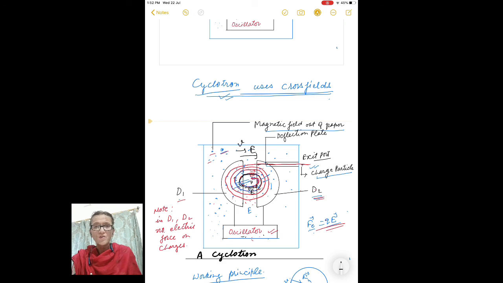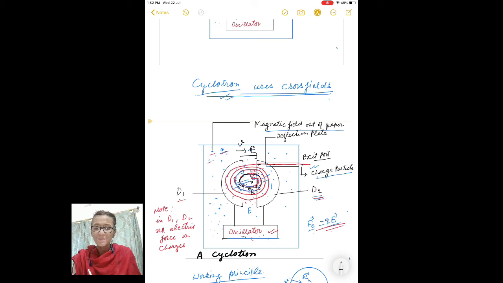So the velocity of the charged particle and the electric field's direction exactly match each time, because when the charged particle changes course after half a time period, the electric field also changes. So it accelerates the charged particle. Were the electric field opposite to velocity, the velocity would be reduced.